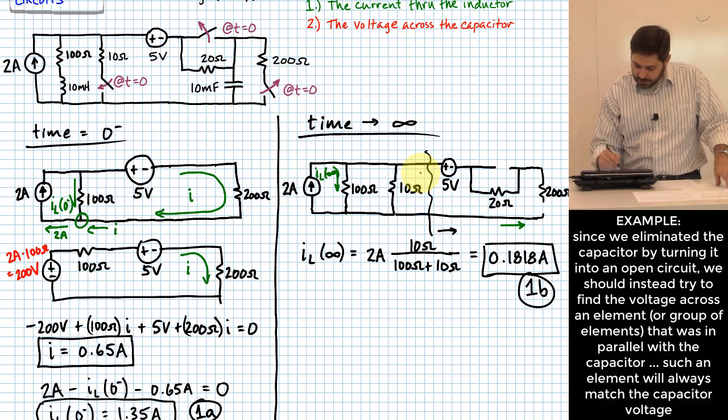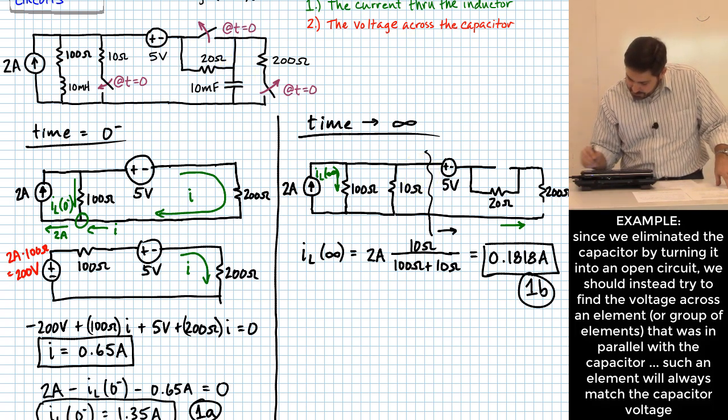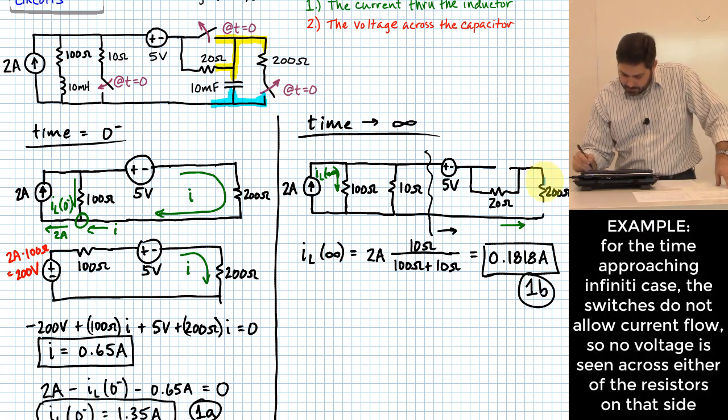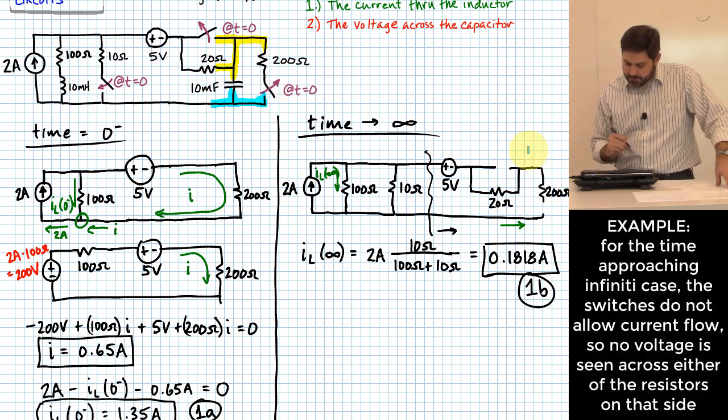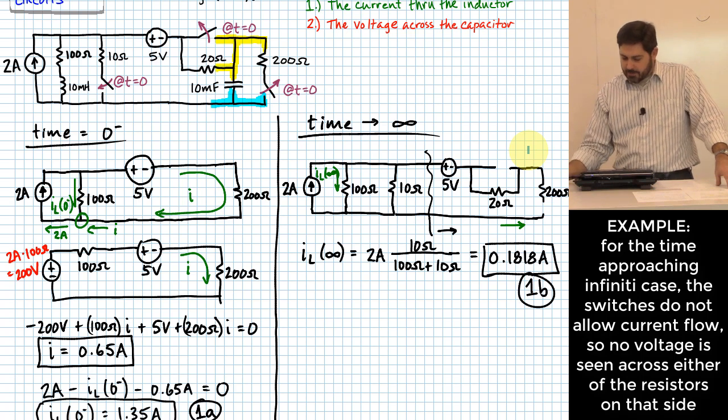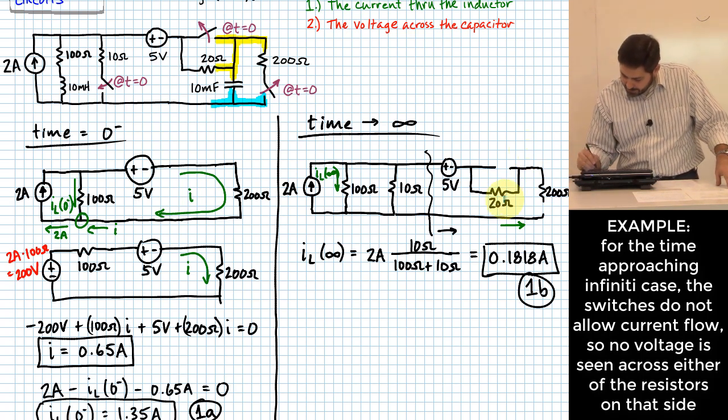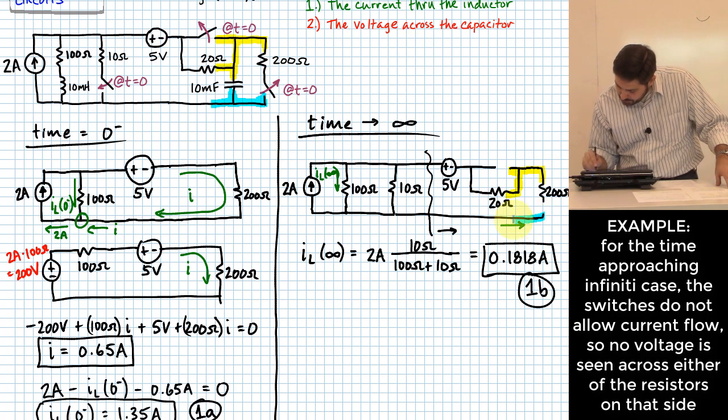So if you look up here, this capacitor goes on this node over to what other node? Now, since these switches open over there, what does that do? I think this would be my yellow node, and then down here, this would be my blue node.